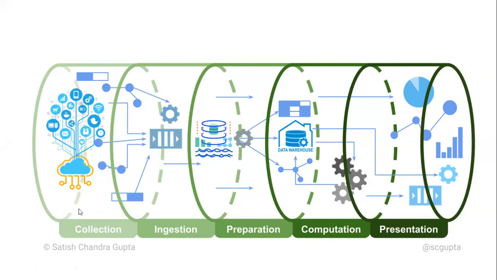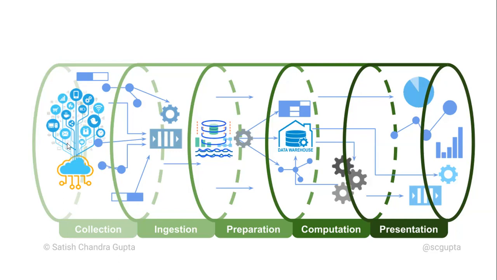So the collection: it means we have to collect the data from different sources. It can be any database system, any file system, or any flat files, whether structured, unstructured, or semi-structured.